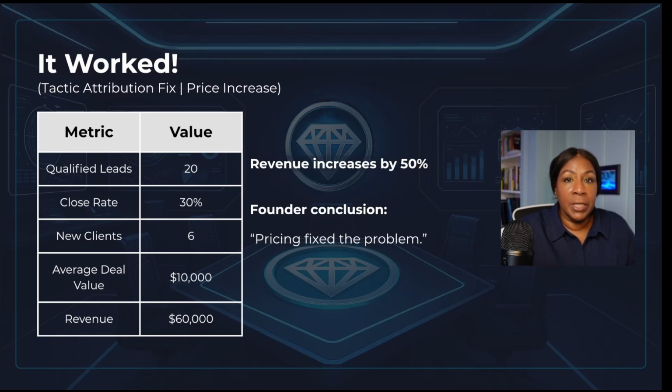So when the price increase is implemented, we think it worked, right? So we went to now 20 qualified leads, but 30% close rate, 6 new clients, and at the new pricing, 60,000 in revenue. Fixed, right?